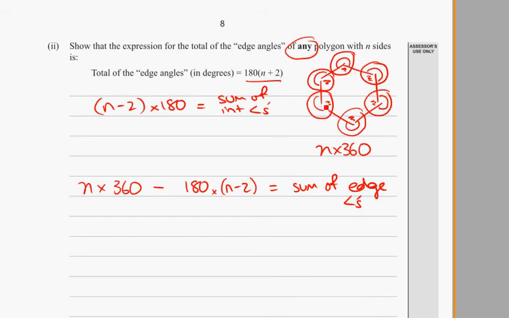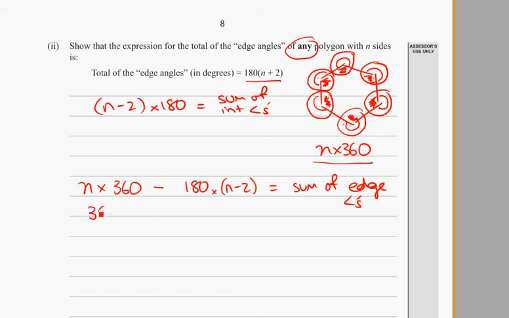At each vertex, the interior and edge angle add to 360, so I'll have n vertices if there are n sides. So I'll have n lots of 360. And then if I subtract all those interior angles away from that total, then all I'll have left is the sum of the exterior edge angles.